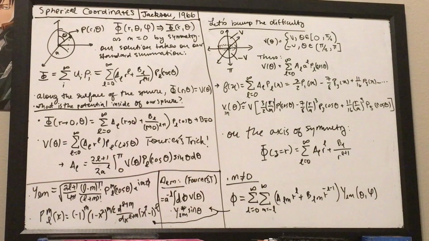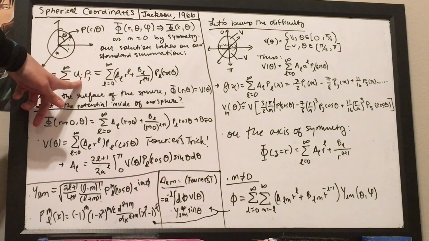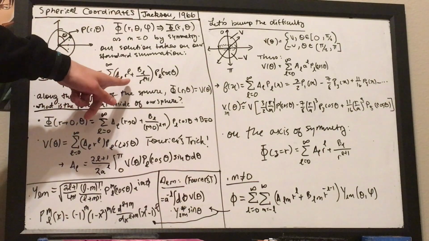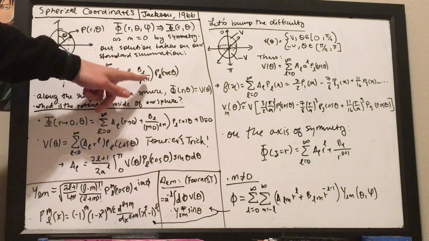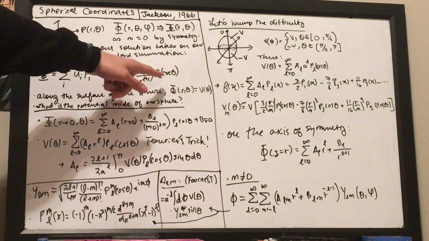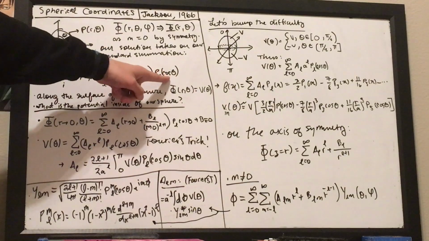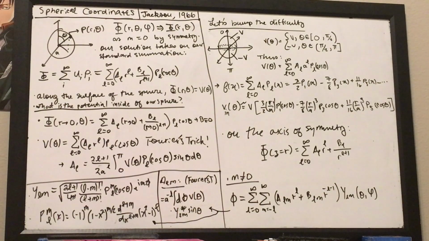So whenever we have that, we employ our separation of variables, yada yada yada, and we get that our value Φ should be some sort of superposition of our radial function and our theta function, which is just this infinite sum over L equal to 0 of a sub L times r to the power of L, plus b sub L divided by r to the L plus 1, times a Legendre function where the argument is cosine of theta, which represents the theta dependency of the potential itself.